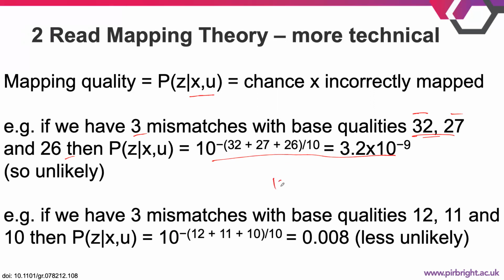If we had low quality mismatches, so 10 to the minus 11, 12 and 10, like the below example, you can see that you still get a lower score, but it's not as low as 1. And this might be because these mismatches might be mistakes.